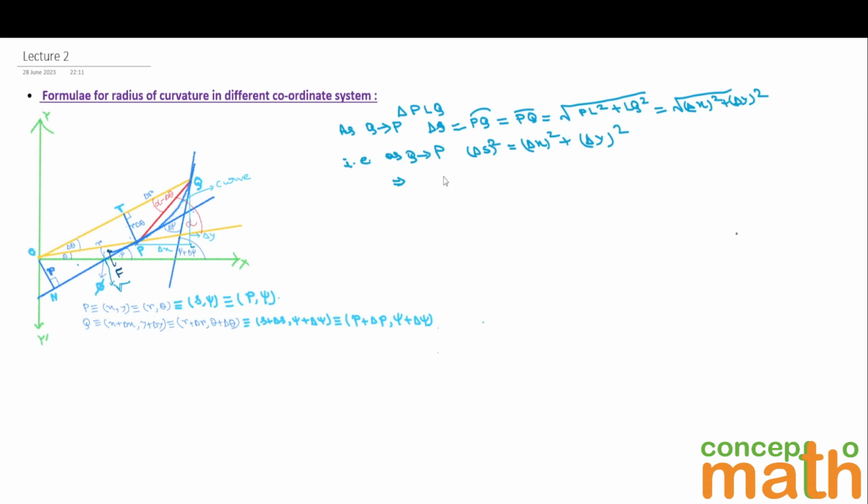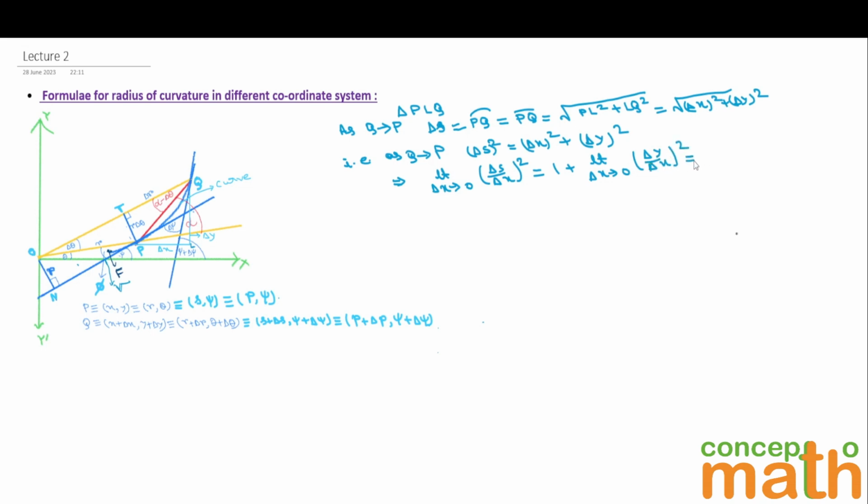So we can write the above equation as limit delta x goes to 0, delta S by delta x whole square is equal to 1 plus limit delta x approaches 0, delta y by delta x whole square.